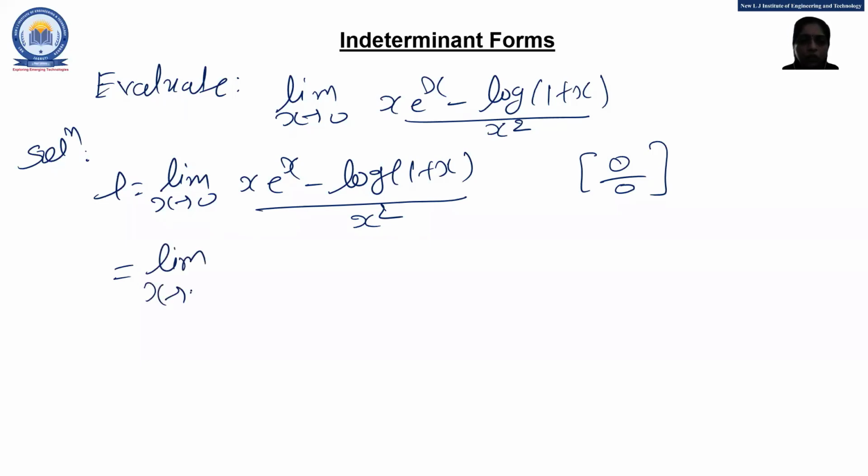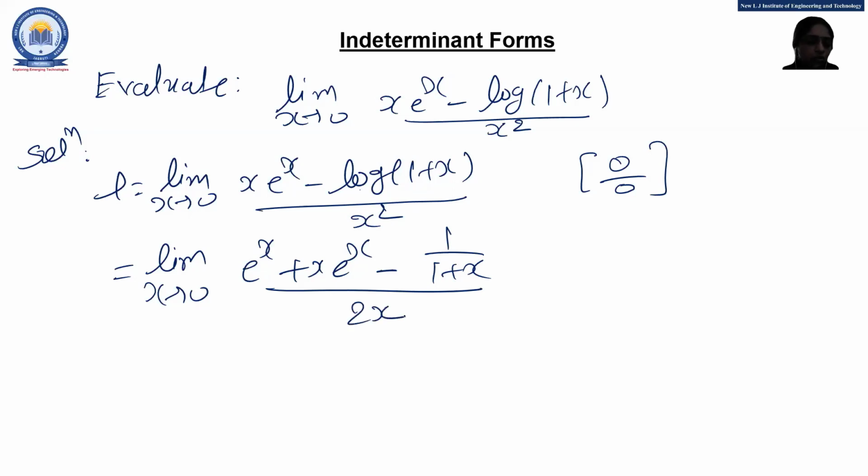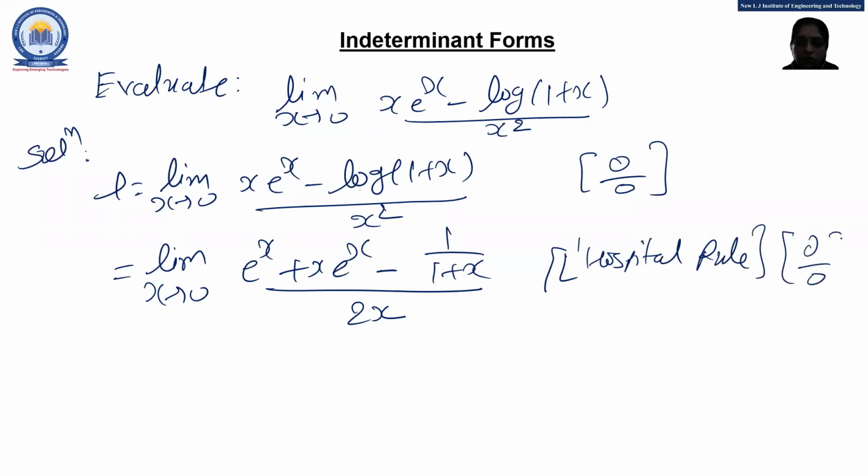And what is L'Hospital rule? The derivative of the numerator in the numerator, that is e raised to x plus x e raised to x minus 1 upon 1 plus x, which is the derivative of log of 1 plus x, and the derivative of the denominator x square, that is 2x. This is L'Hospital rule, right? Now, if we apply the limit in this term, then again we get 0 by 0 form.